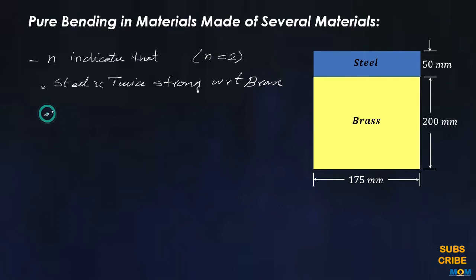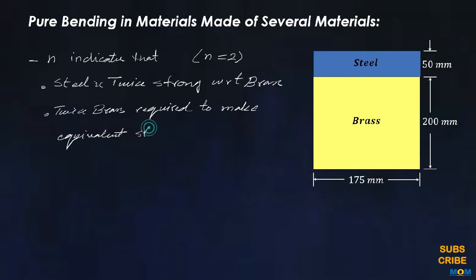So twice the brass would be required to make an equivalent strength of steel.